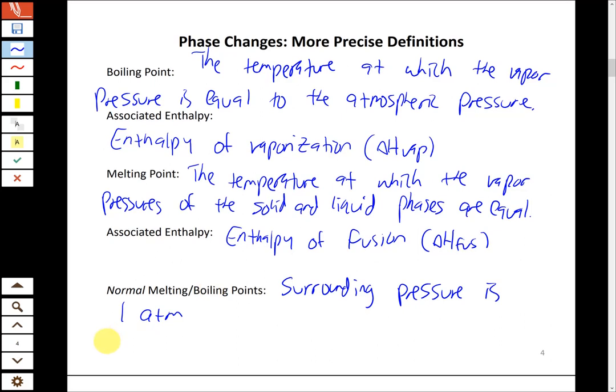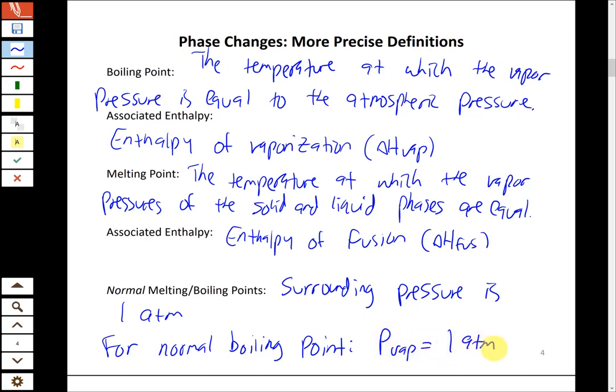So for the normal boiling point, that means the vapor pressure has to equal exactly 1 atmosphere.